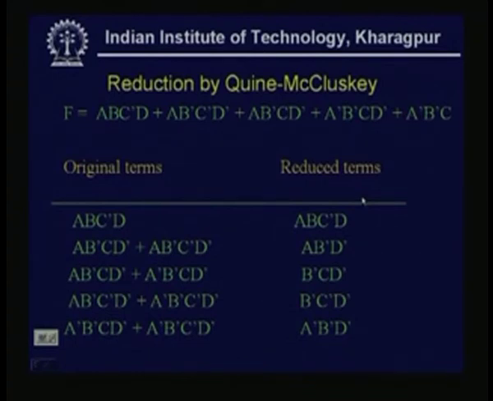Now, the concept we have applied here is that mainly we are seeing the logical adjacencies. Two columns are adjacent means only one variable will be complemented in one column and uncomplemented in the next column.